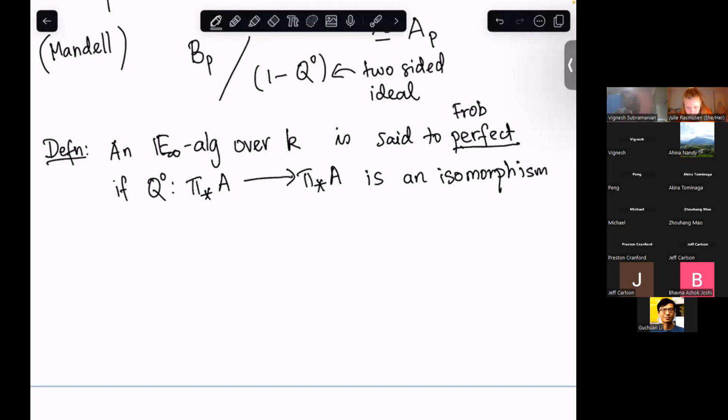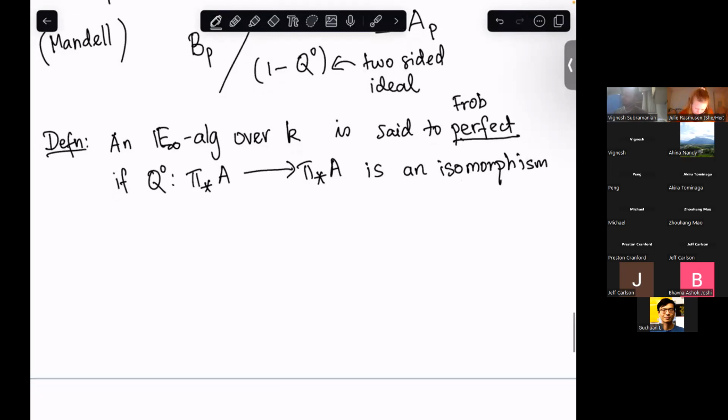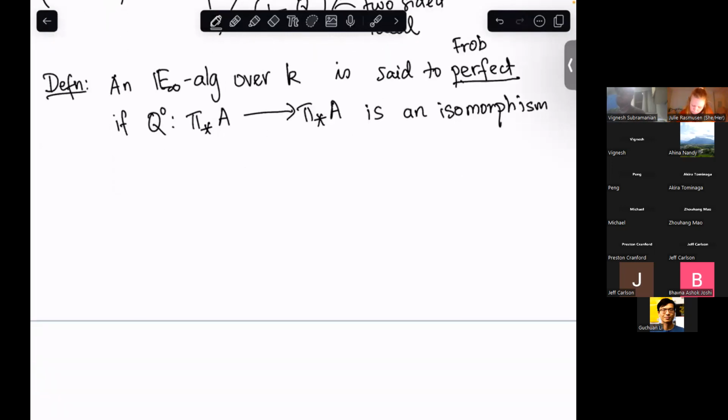So an E-infinity algebra over K is said to be perfect if your operation Q0 is an isomorphism. Why does this deserve to be called perfect?